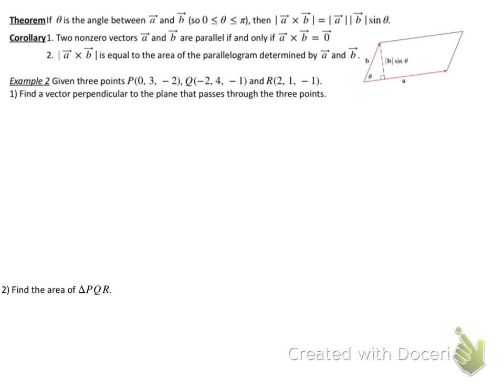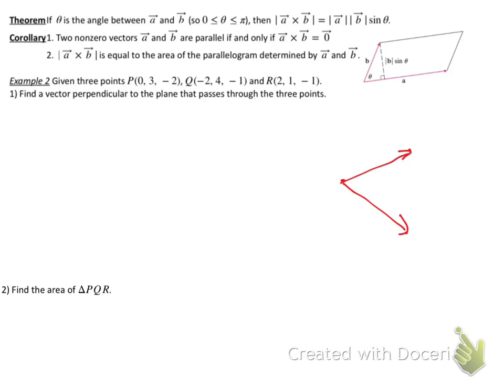Now example 2. Given these 3 points, we want to find the vector that is perpendicular to the plane of PQR. That's another way of saying it. P, Q, R are 3 points. So no matter what, you pick a point to start. You are going to form two vectors.